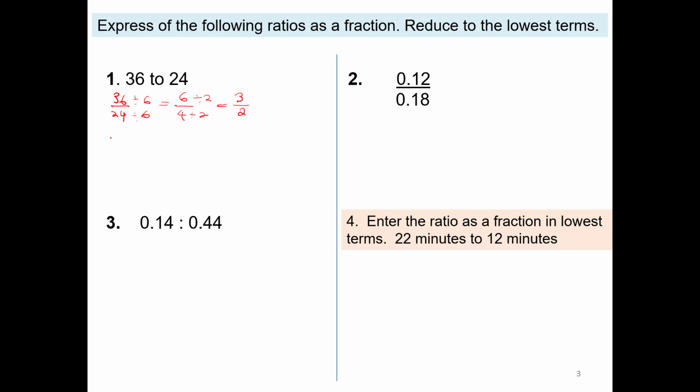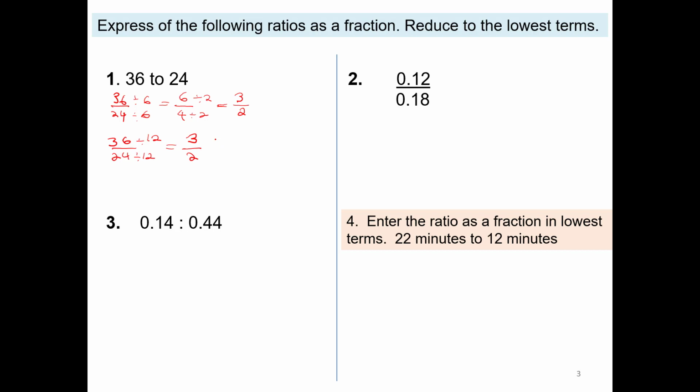Also, we can divide by 12. Directly, we can divide by the greatest common divisor. 36 divided by 12 is 3, 24 divided by 12 is 2, and we will get the same answer.